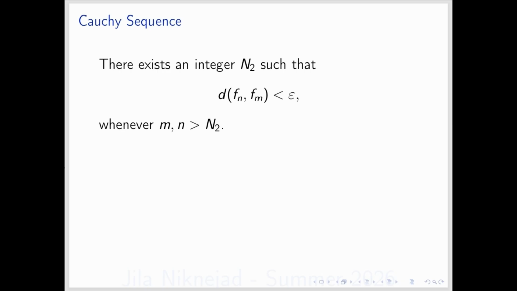Then we will prove that given any epsilon bigger than 0, there exists an integer, capital N2, such that the distance of f sub n and f sub m is less than epsilon whenever both indices m and n are bigger than capital N2. This is exactly the definition of a Cauchy sequence.